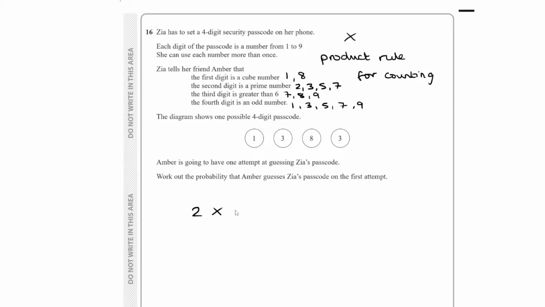And then I multiply that by how many options I have in my second category, the second digit, 1, 2, 3, 4. And then I'd multiply that by my third category, 3 options. And I'd multiply that by my fourth category, which is 5 options. And she says she can use the same number more than once, so that's fine. If I multiply all of those, it will tell me how many possible combinations there are of her passcode.